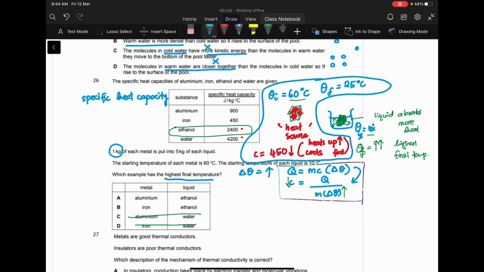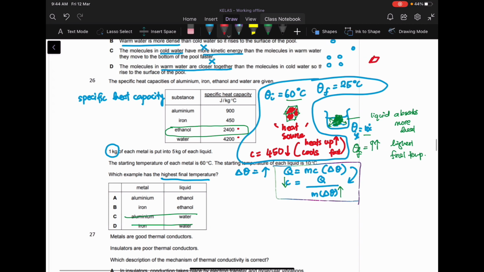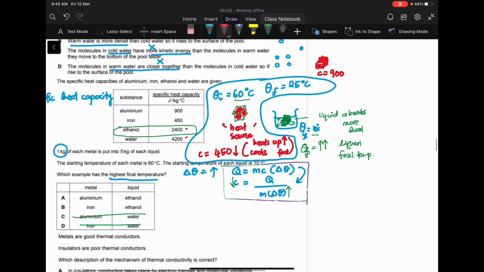So that's low. Let's say we have substance 2. Now C equals 900, and the initial is 60 degrees Celsius. So 900 is slightly higher than 450. Therefore, it heats up slower than substance 1, and it cools down slower as well.